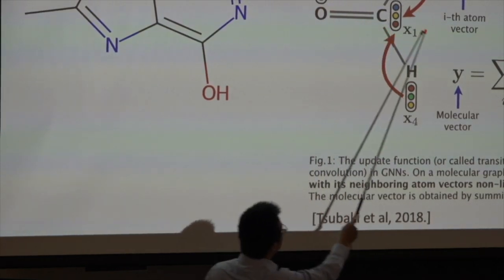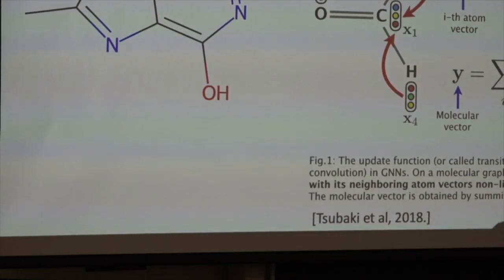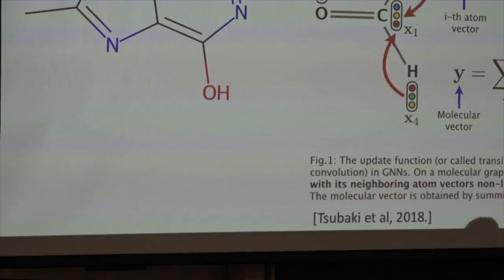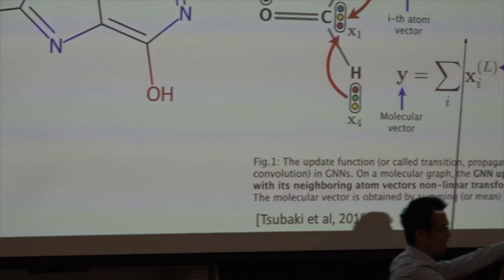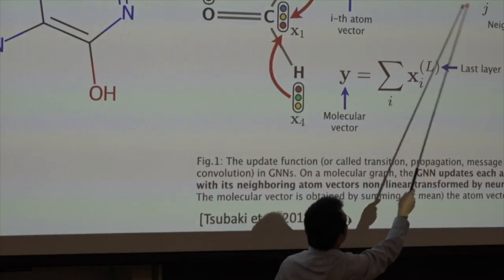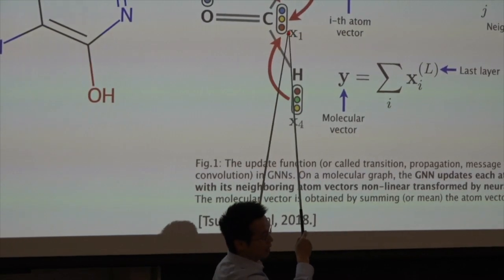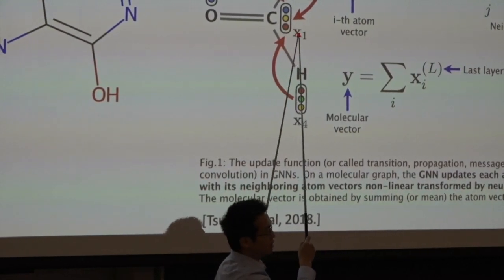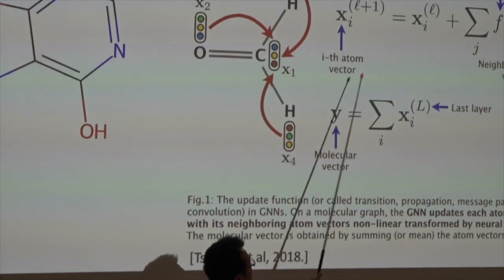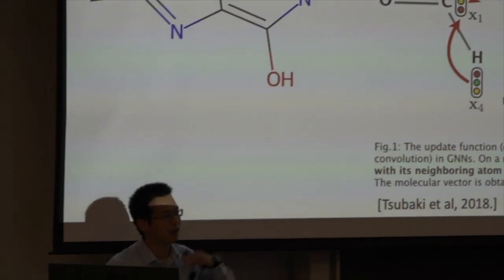And then once it has received the information, we use a neural network. This is just some neural network we can design, can be a multi-layer perceptron, for example. And then we aggregate that information and combine it with the information it has from the previous iteration. That will be our computed representation for the next layer.